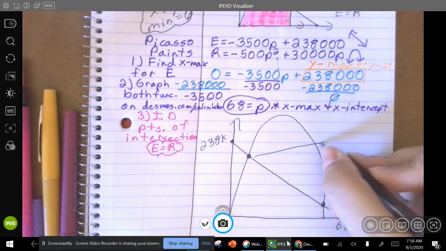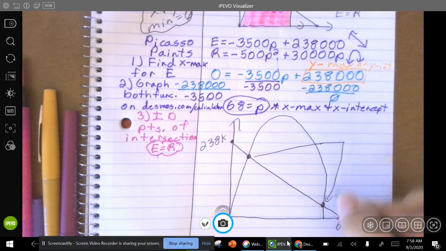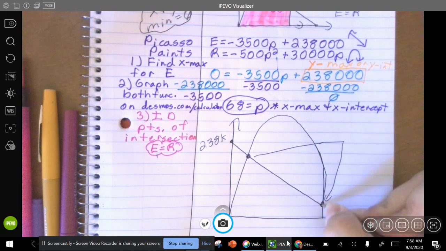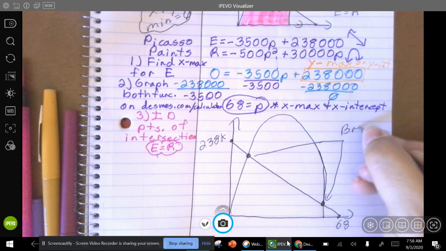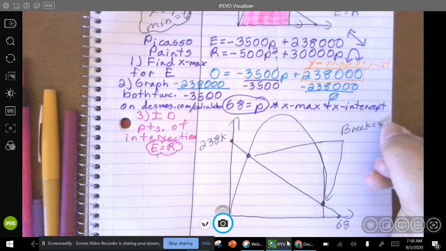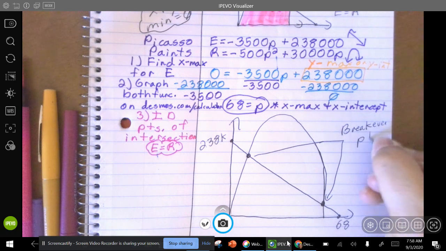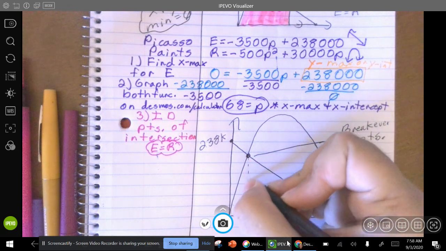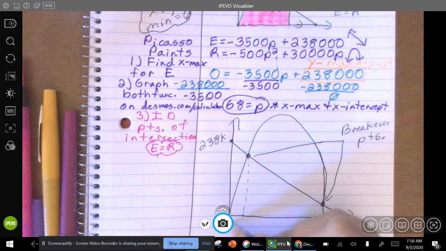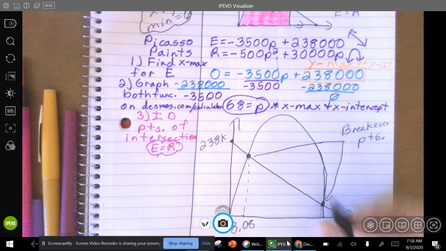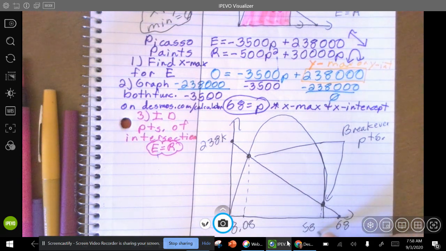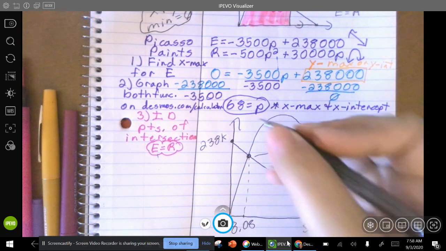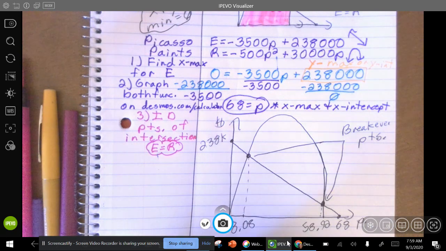Okay, so those are both our break-even points. At $8.08, and then our other one was right here. We said the price was at $58.92. Remember, this is the price, so dollar amount.